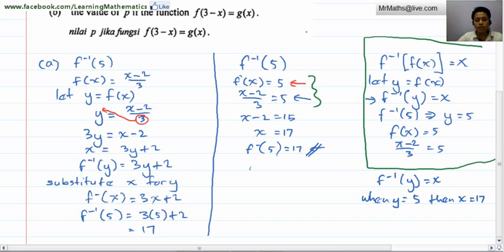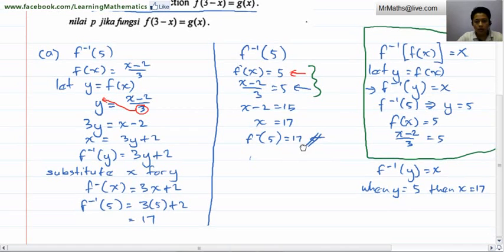Alright, and next one, we want to find the value of p. In this question, the value of p is a function of f(3 over x) equal to g(x). Let me just write that before I lose it. b: f(3 over x) equal to g(x).